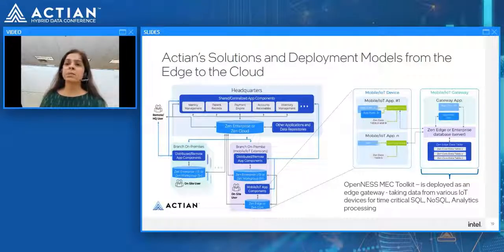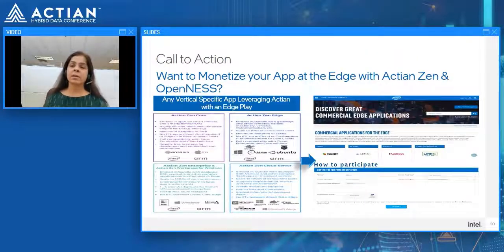It comes with support for various operating systems. It also comes with support for various programming languages, and it is modular and scalable. So certainly a recommended database, especially since it is optimized for openness, a recommended database for the edge.